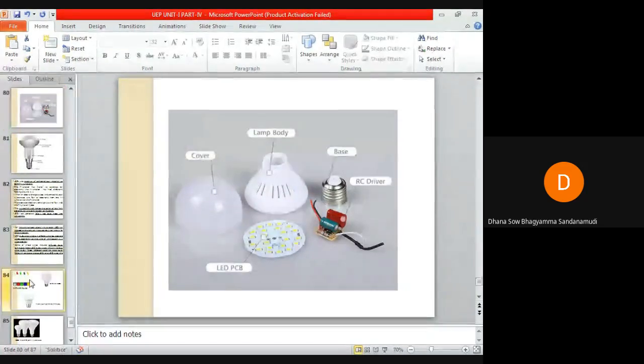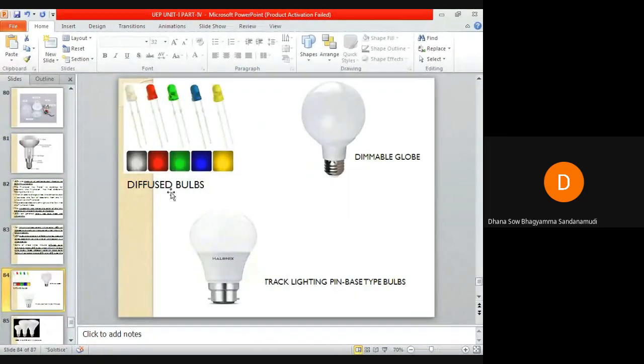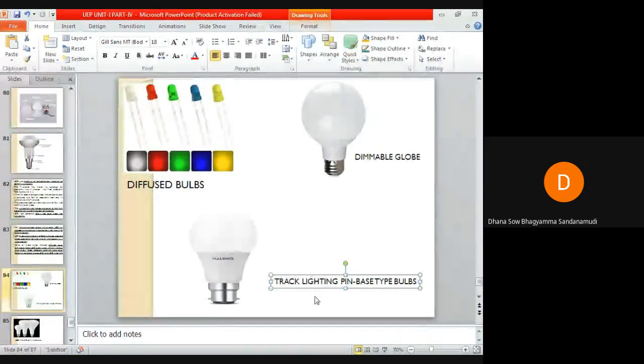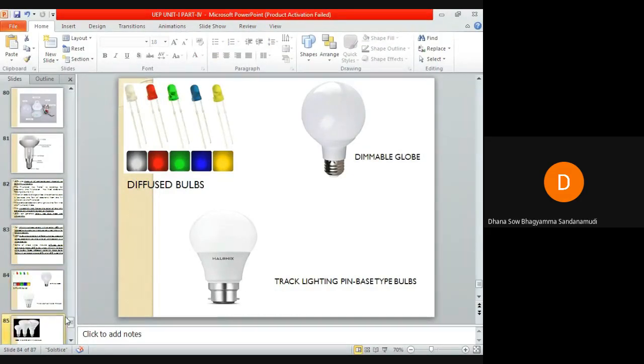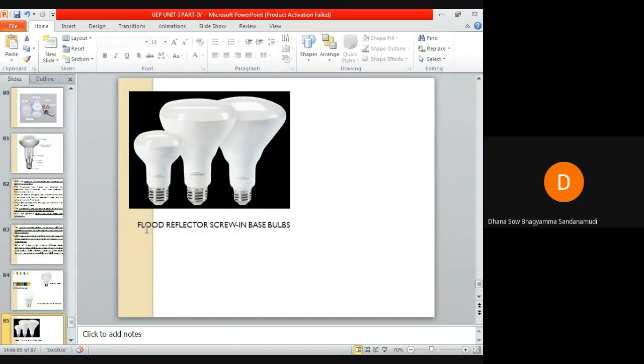They can be diffused bulb type LEDs, dimmable globe type LEDs, track lighting, and pin base type bulbs, which have a pin base like an incandescent bulb. They can also be flood reflector screw in base bulbs.